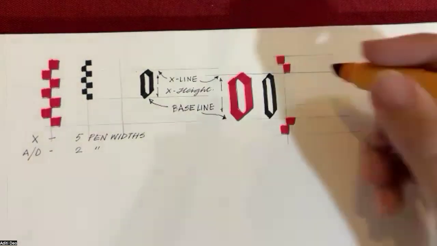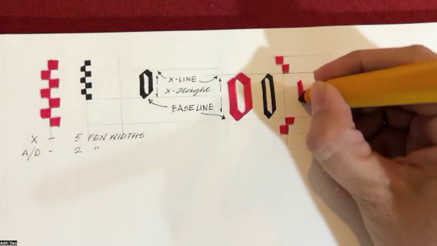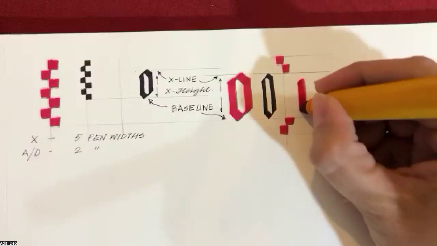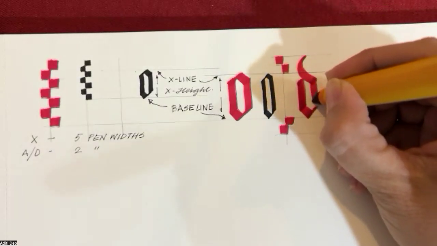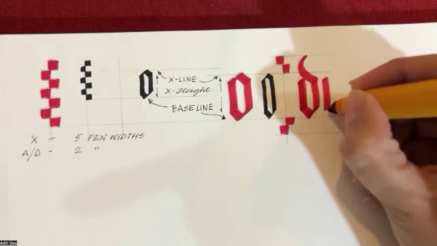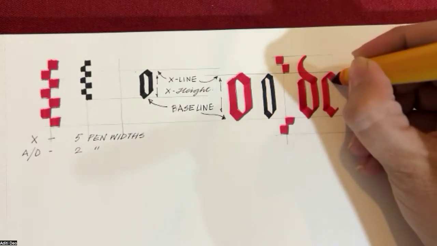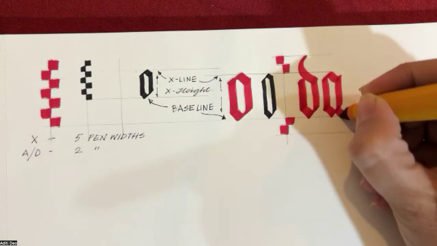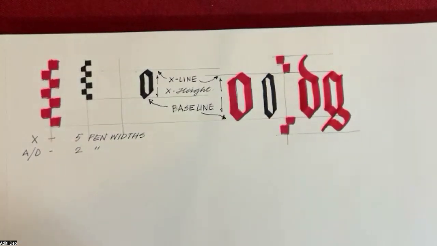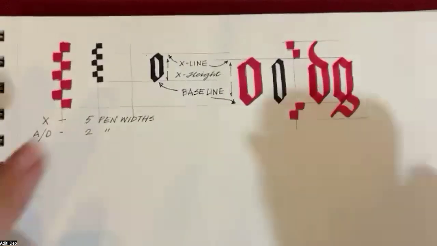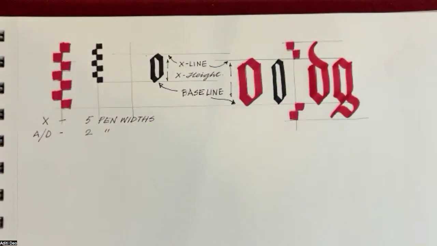And the way our letters will look would be like this. This is the ascender. And this is the descender. Okay, right, so we got ascender, descender space.